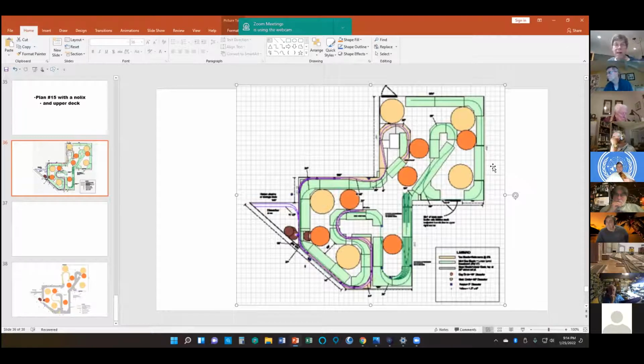I'll try to be quick. I have a number of things. In Lloyd's diagram that's up right now, he shows the main yard, and towards the bottom of the piece of paper, I guess the east end of the yard, you see the guy there, the dark brown?